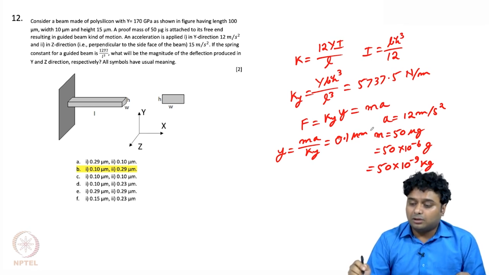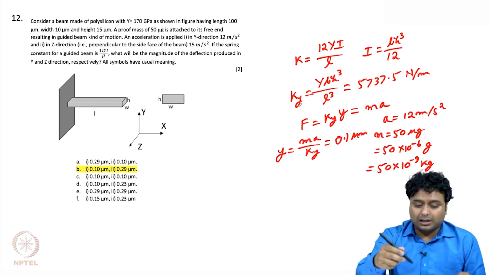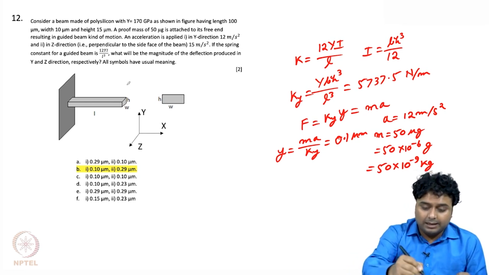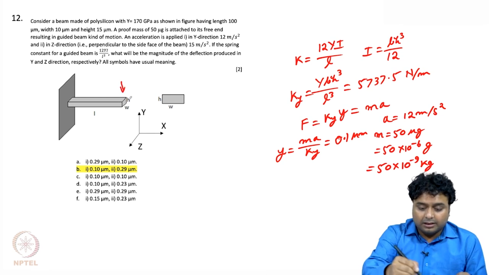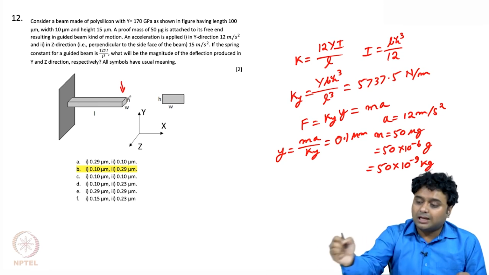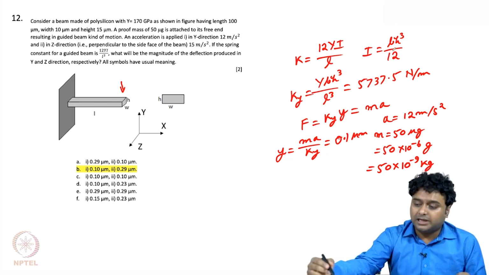Because you need to understand one particular concept here, that is ky, while the force is applying in this direction, it is perpendicular to the width and along the edge. So while I am using the I equal to bh cube by 12 expression, this is the area moment of inertia expression, I can use it directly.